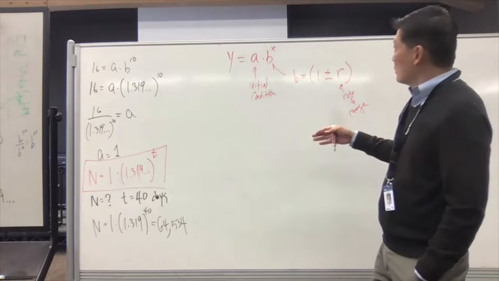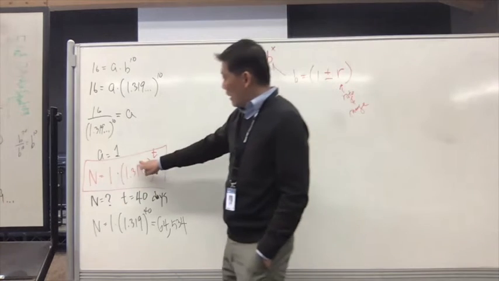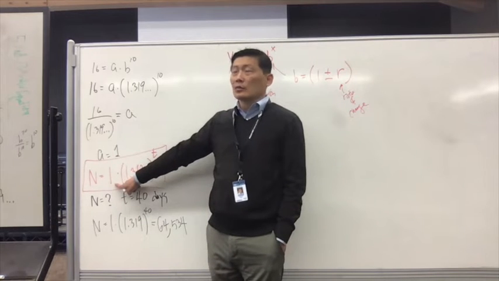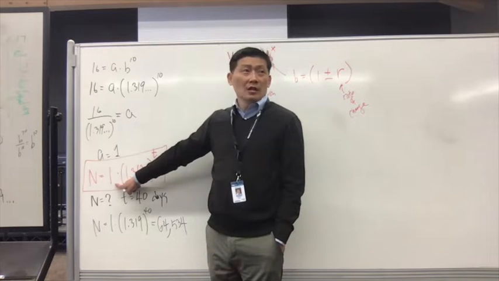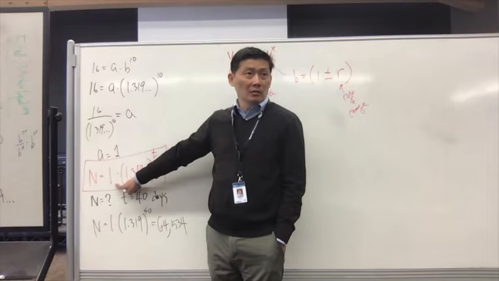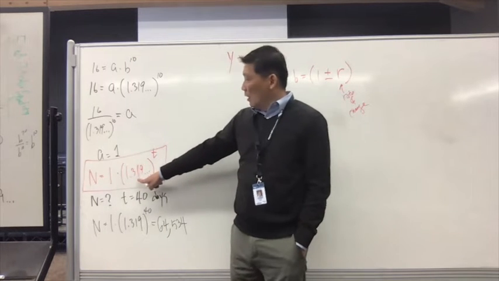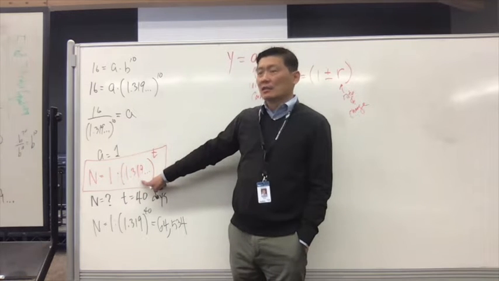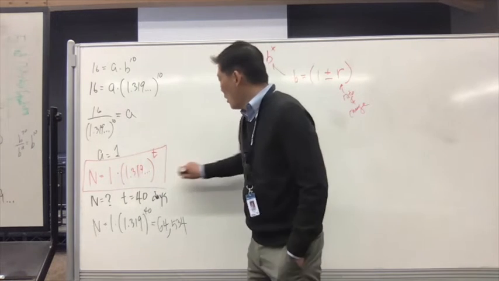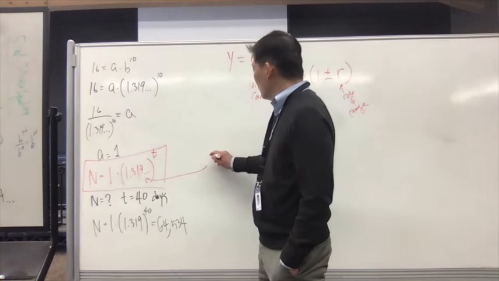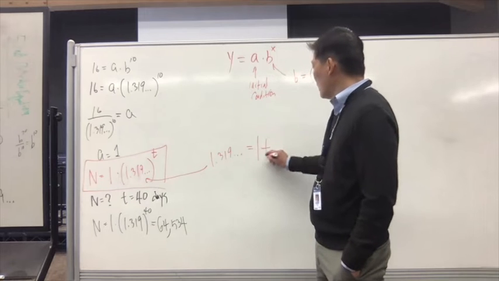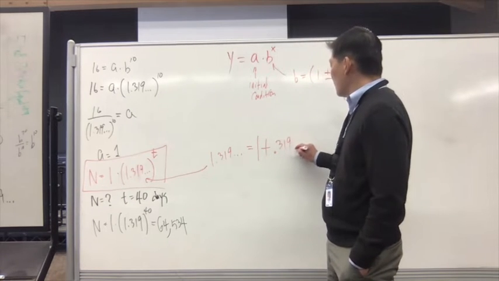So in this case, the initial condition is 1 because at day equal to 0, we have 1 infection. Our B value is 1.319. That means 1.319 is equal to 1 plus 0.319.